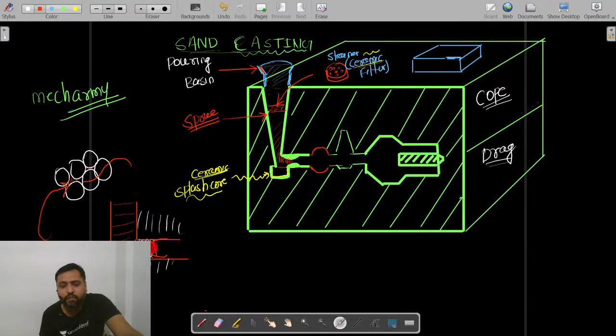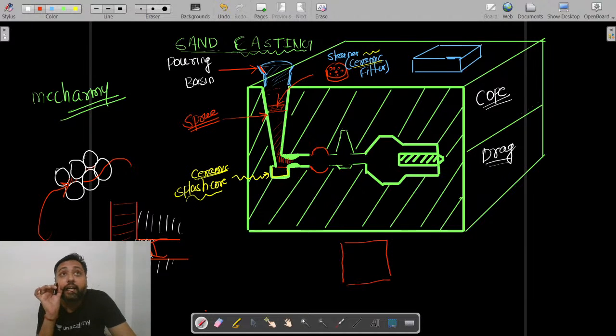If that air dissolves into that molten metal, what will happen? This molten metal along with air will reach this casting cavity. The air will first try to come out. But suppose the air does not come out and the casting solidifies. After solidification, take the casting out and take an x-ray of that casting.